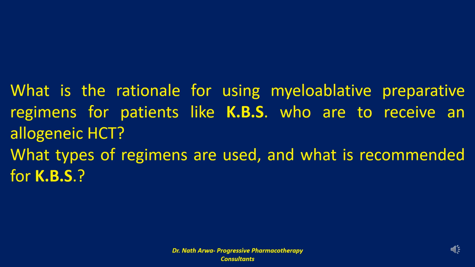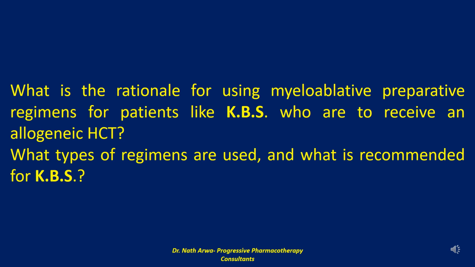Equivalent rates of long-term complications were present between the 2 preparative regimens, except for a greater risk of cataracts with cyclophosphamide total body irradiation and alopecia with busulfan, cyclophosphamide. Overall and disease-free survival rates were similar in patients with chronic myeloid leukemia, although there was a trend for improved disease-free survival with cyclophosphamide total body irradiation in acute myeloid leukemia patients.